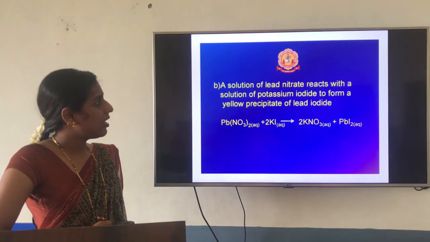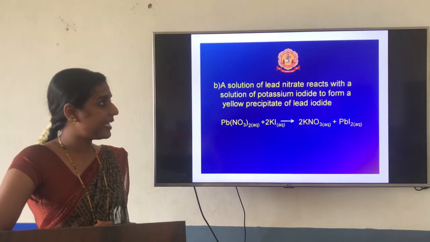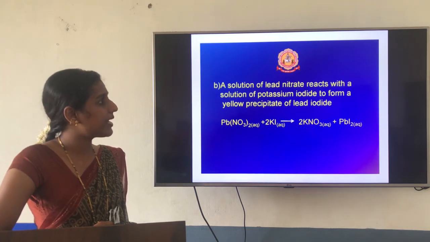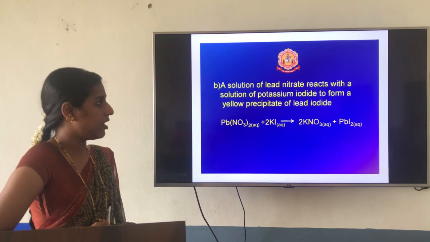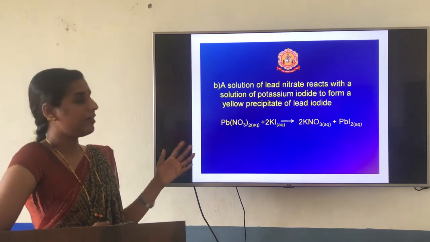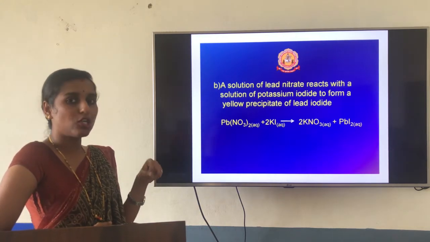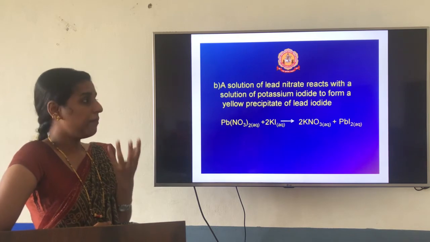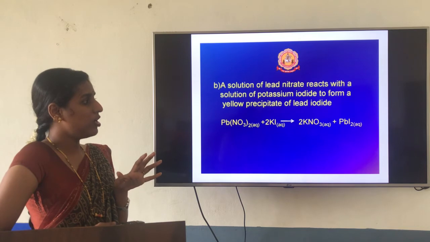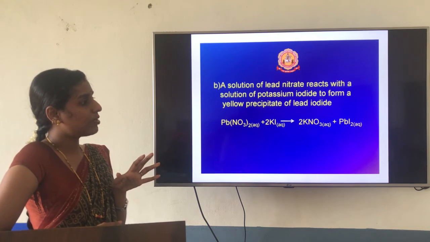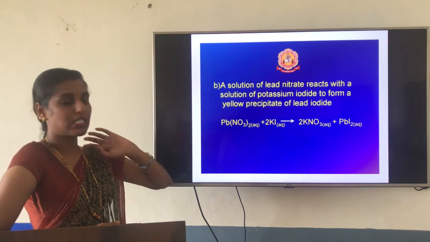The next one: a solution of lead nitrate reacts with a solution of potassium iodide to form a yellow precipitate of lead iodide. These are clear solutions when you take them in a test tube. When you mix them, you get a precipitate. Precipitates are nothing but insoluble particles which settle down in the test tube. So lead iodide, PbI2, is a precipitate formation.